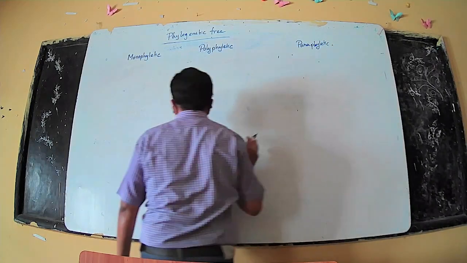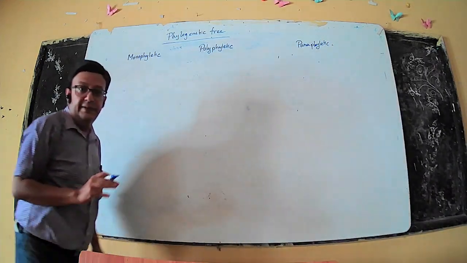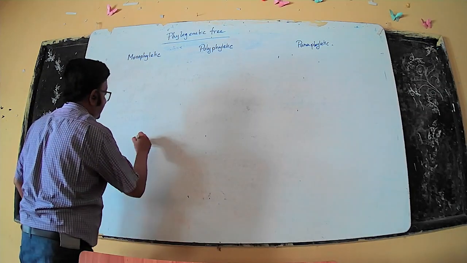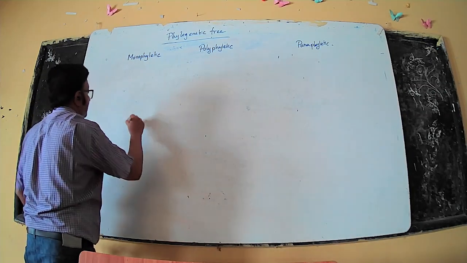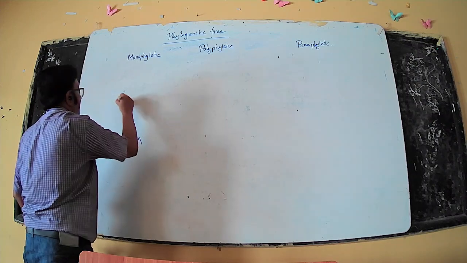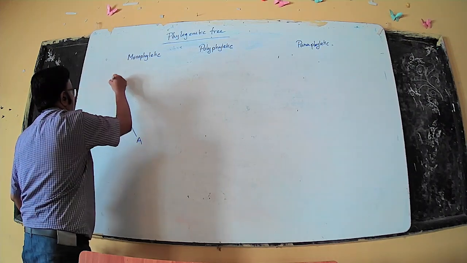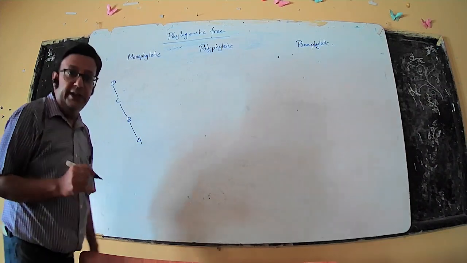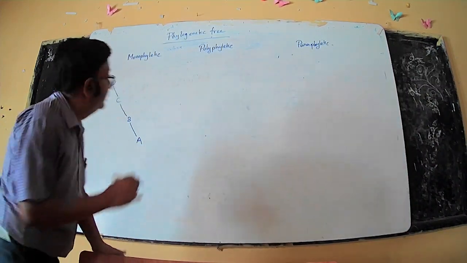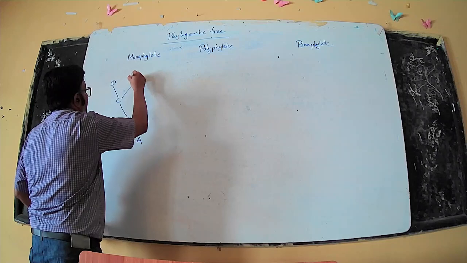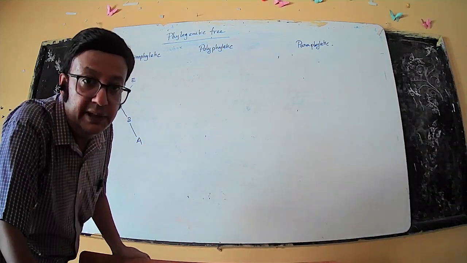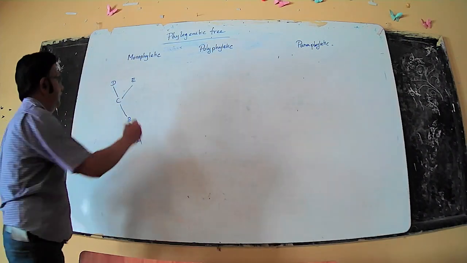Now I will draw the same thing again. এখানে কি আছে A B C D একটা. It's a line I am drawing, for relationship. আচ্ছা B থেকে F G H.